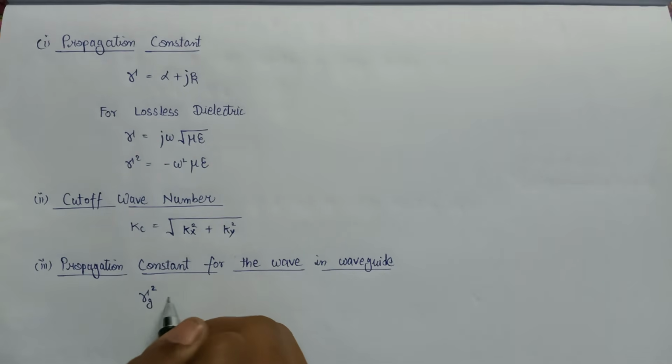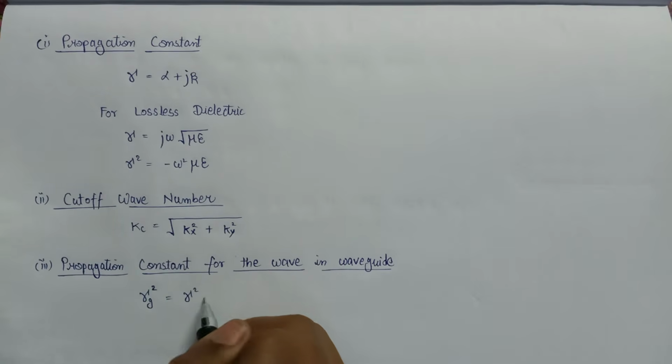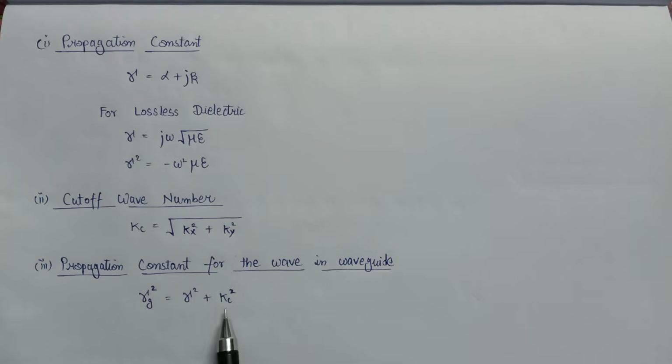So it will be equal to gamma square plus kc square, where gamma is the propagation constant and kc is the cutoff wave number.